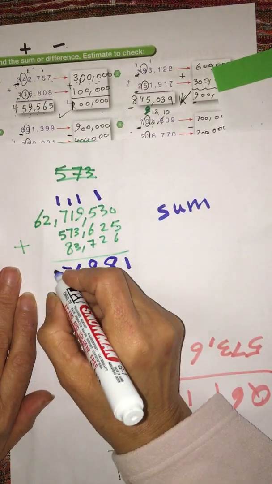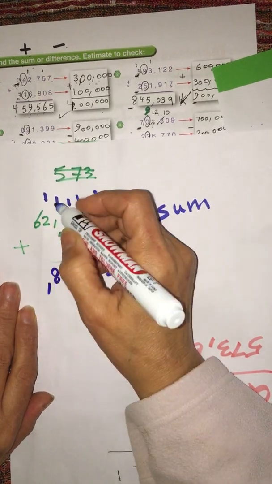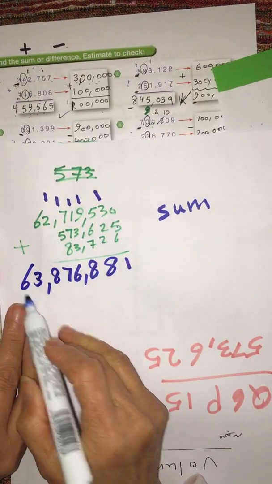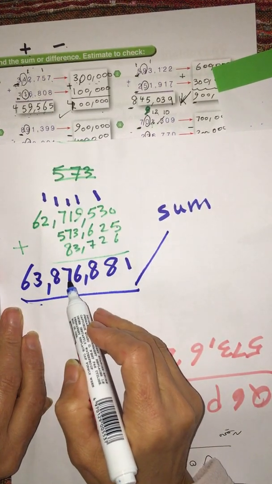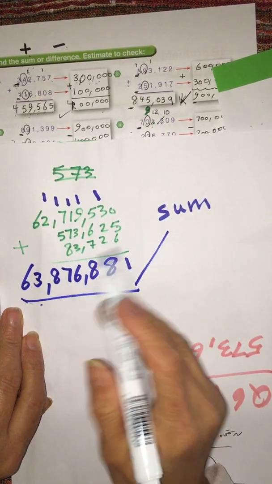There is nothing here. 18. 8 and 1 above the millions. 3, 6. So my number is the sum. The sum is 63,876,881. This is the sum for this question.